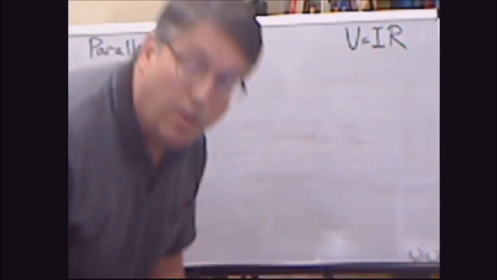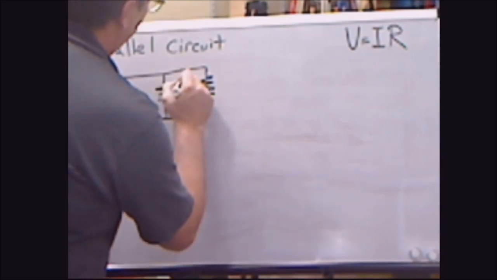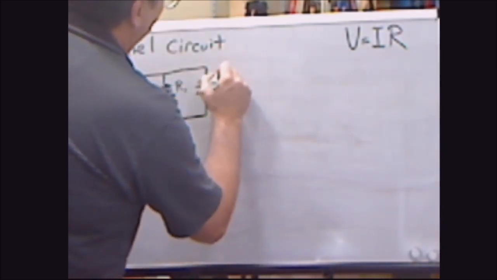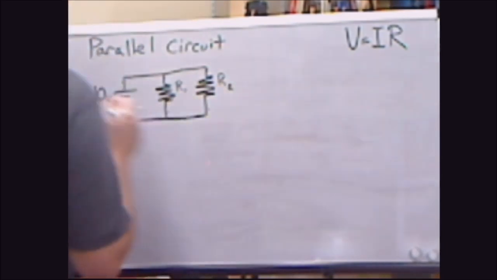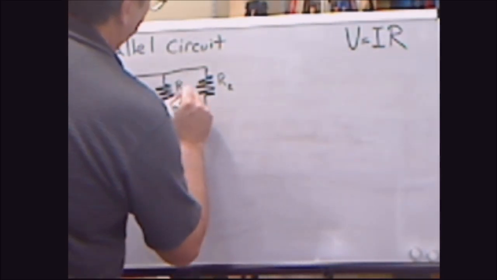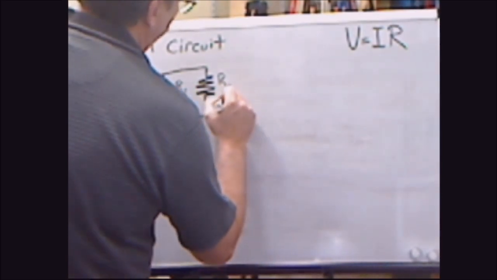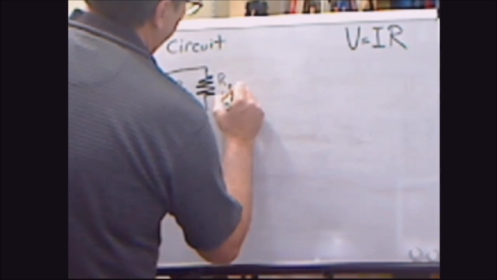But first of all, we have to figure out, let's label these R1 and R2. And just to make it start easy, we're going to start with 5 ohms. This is just two 5 ohm resistors, like that.